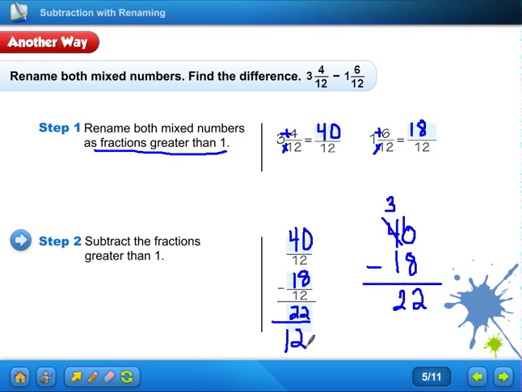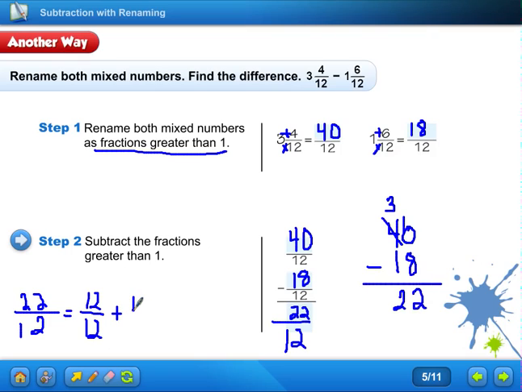And you could rename that as a mixed number. I'm going to do it over here. So if I had 22 twelfths, that would equal, if I get 12 twelfths, I could take that out of there, right? Plus what?